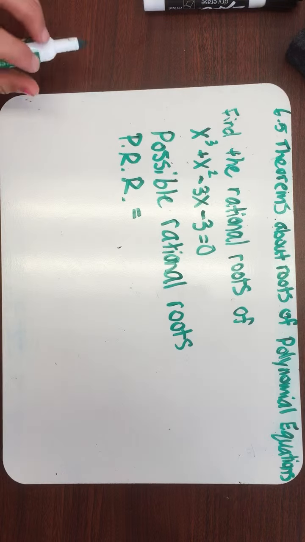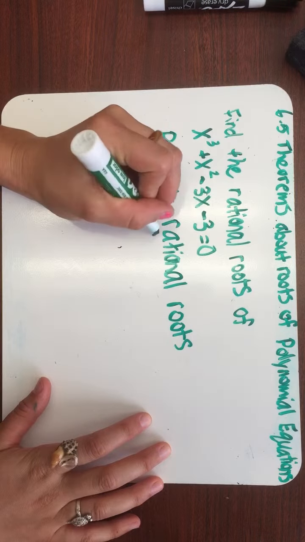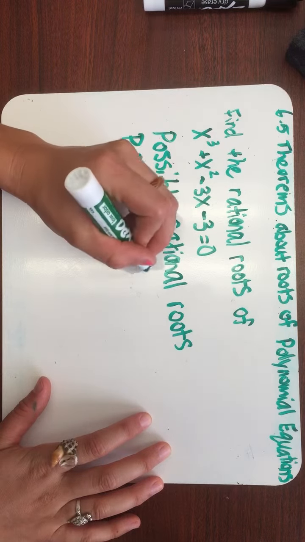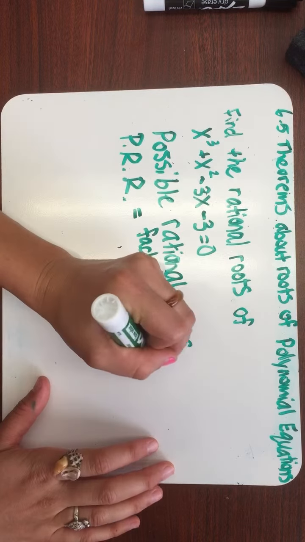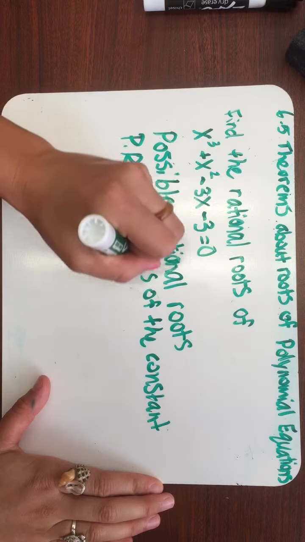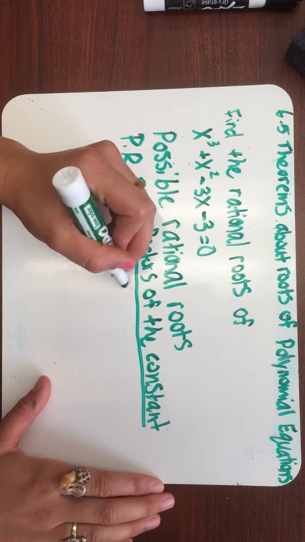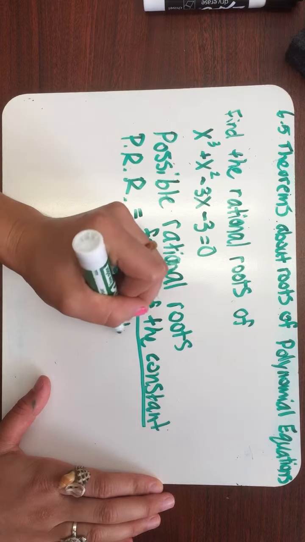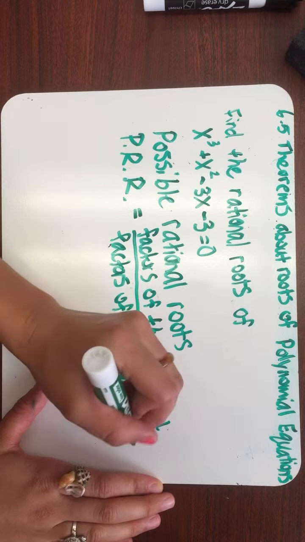And to find the possible rational roots, you're going to find all of the factors of the constant term divided by the factors of the leading coefficient.